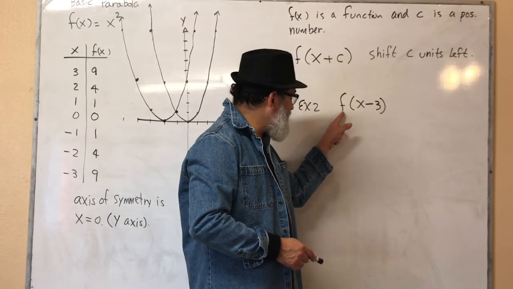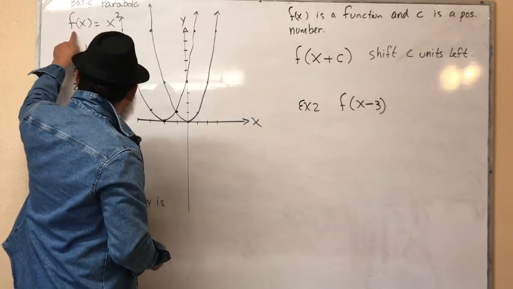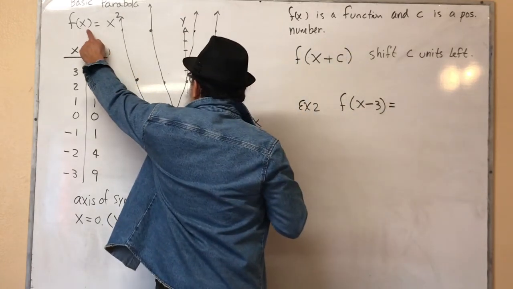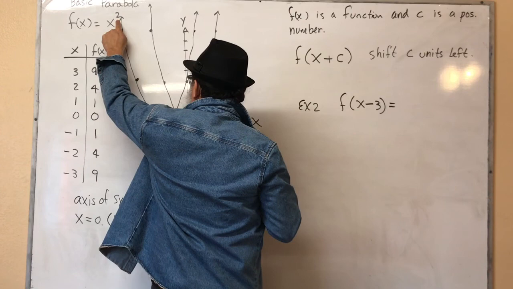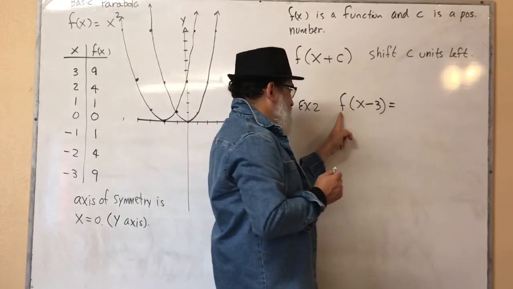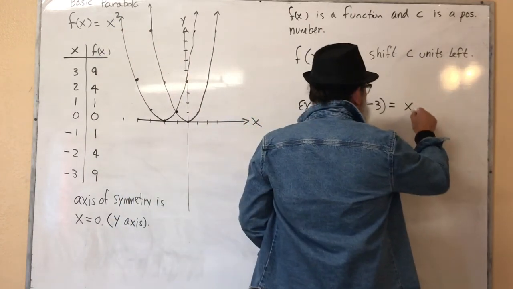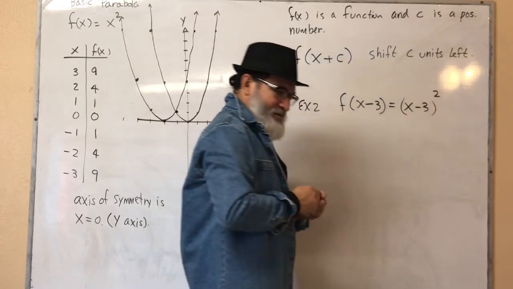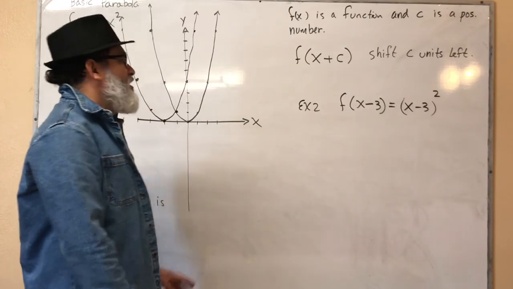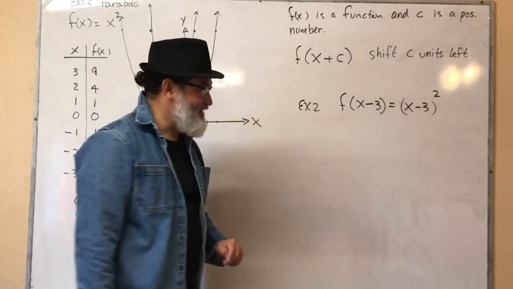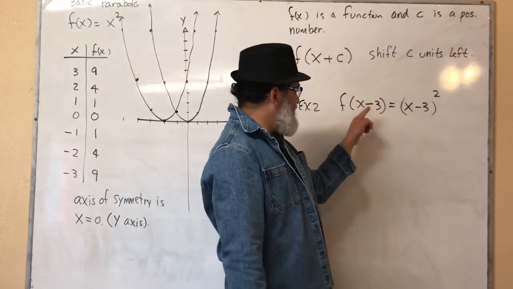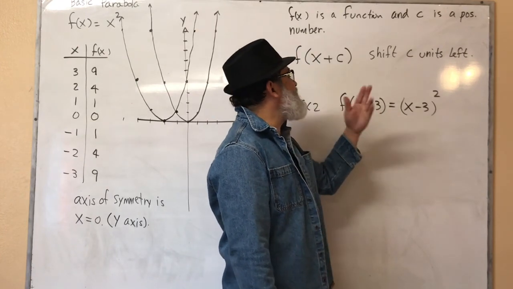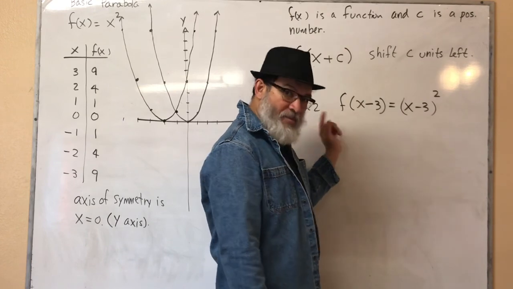This parabola takes the argument and squares it. So this is going to take the argument, x minus 3, and square it. My question to you is this: what is this new argument, x minus 3, going to do to the basic parabola?